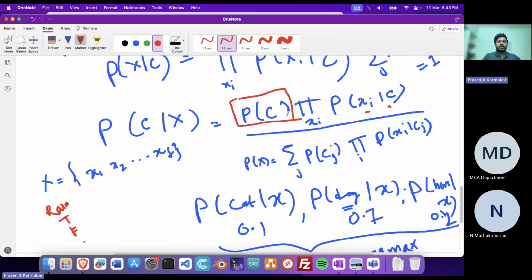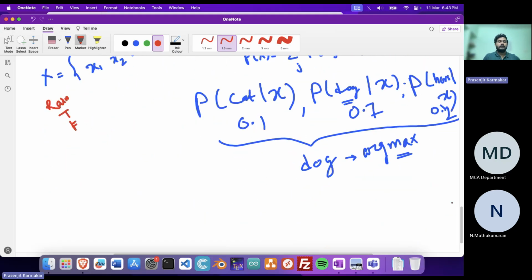Let's put in some data: true, false, true, false, true, false, true, true.